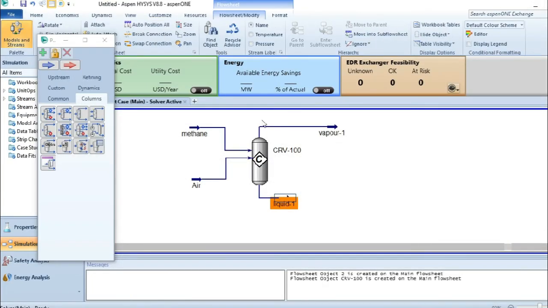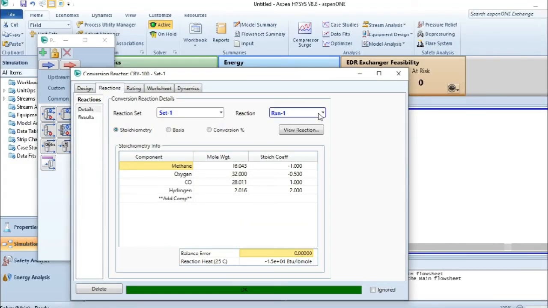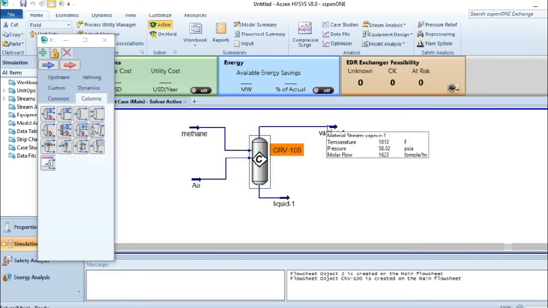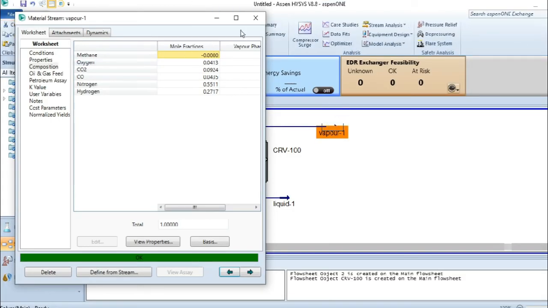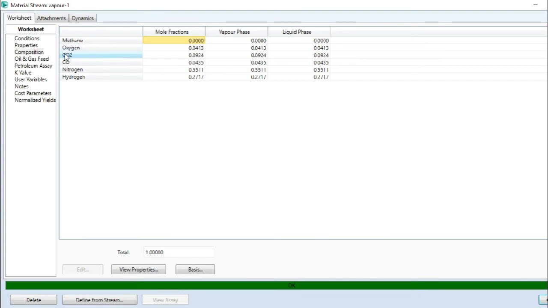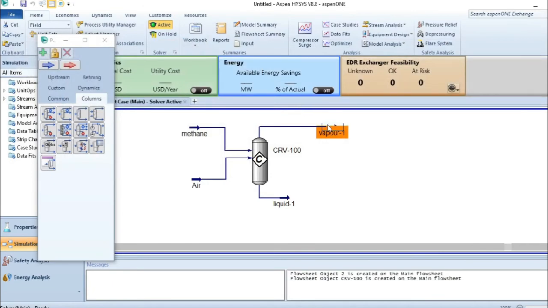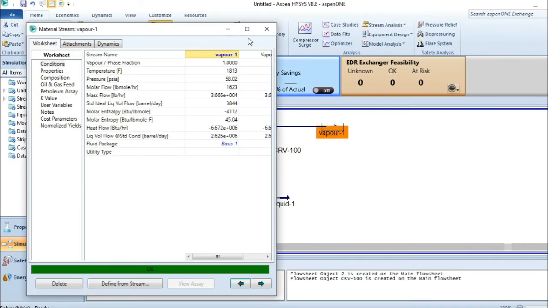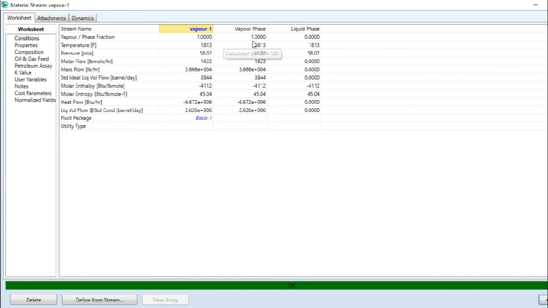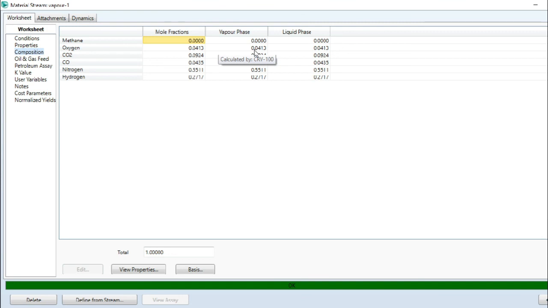So let's try reaction 2 and see. Using reaction 2, I have methane to be 0.000, and oxygen to be 0.0413.